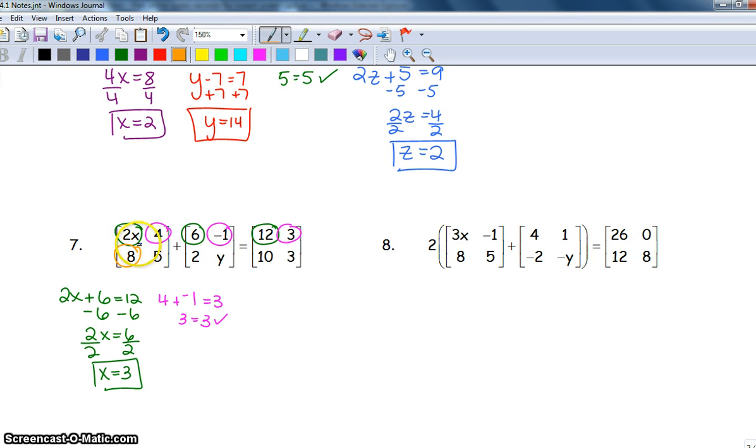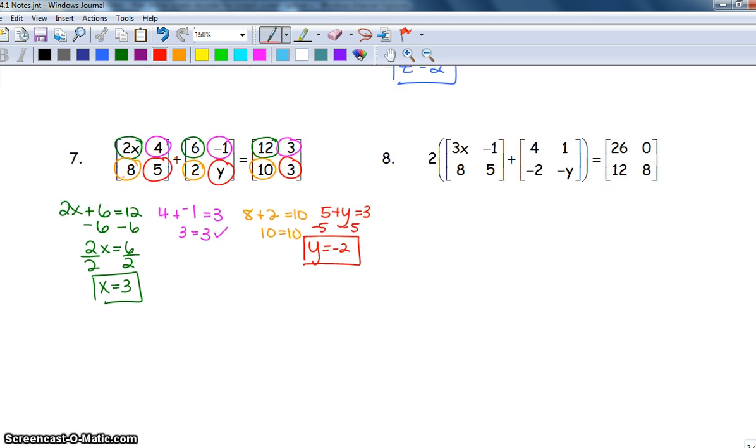So then we see that 8 and 2 and 10 are the same. 8 plus 2 equals 10, and we see that that is true. And last, 5y and 3, so 5 plus y is equal to 3. Move the 5 over, and we get that y is equal to a negative 2.